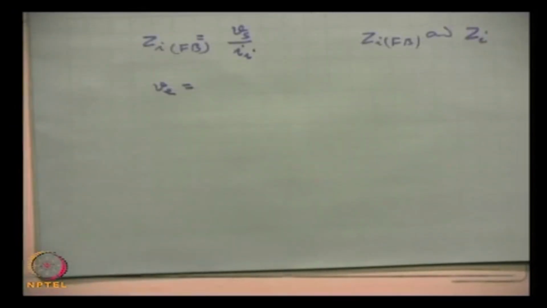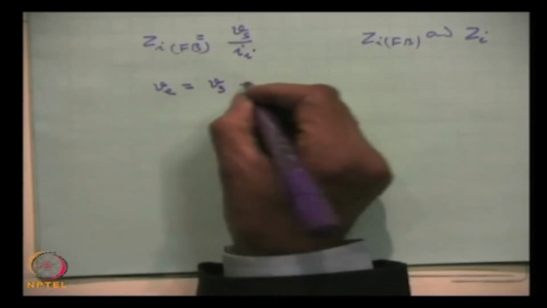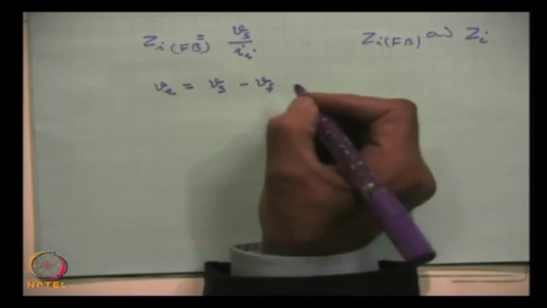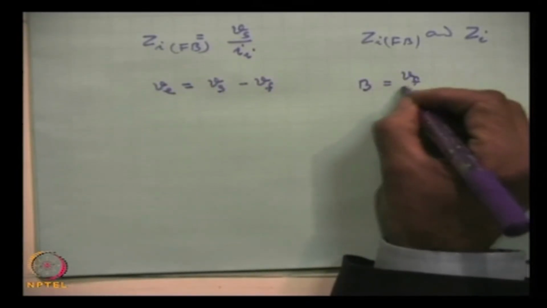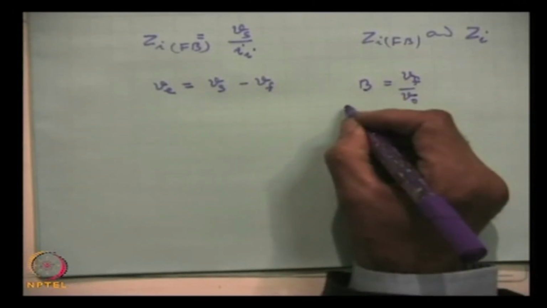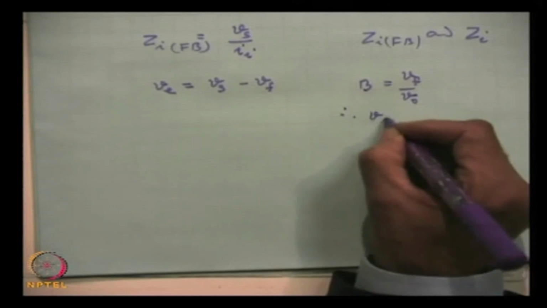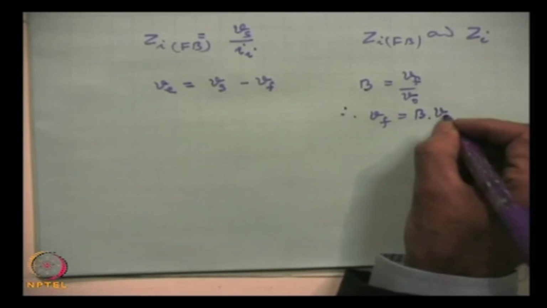So, the error signal is Vs minus Vf, and from what I have written, B is Vf by V0. Therefore, Vf is equal to B into V0.